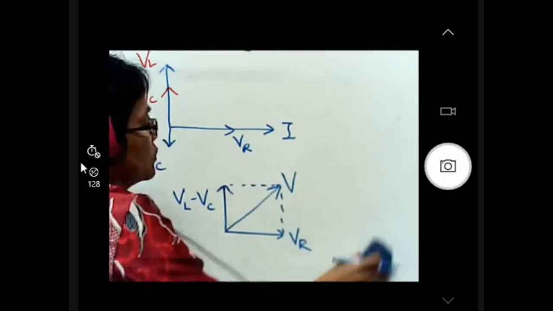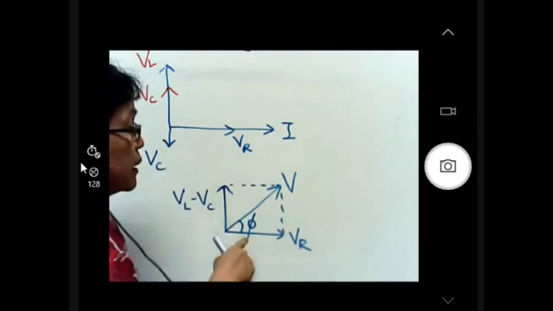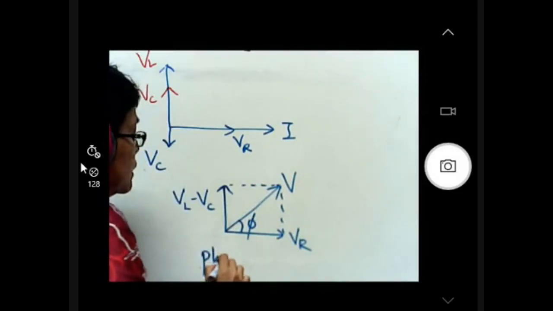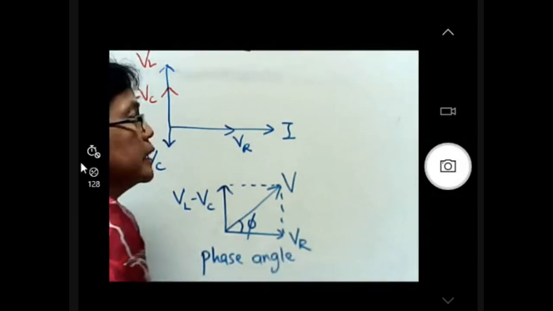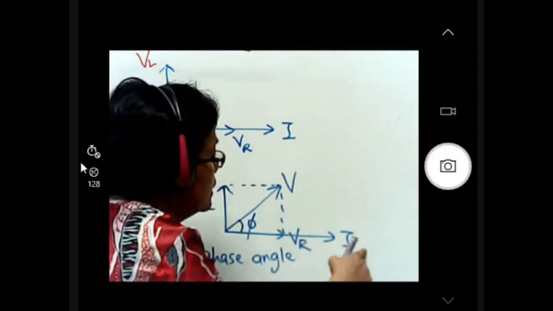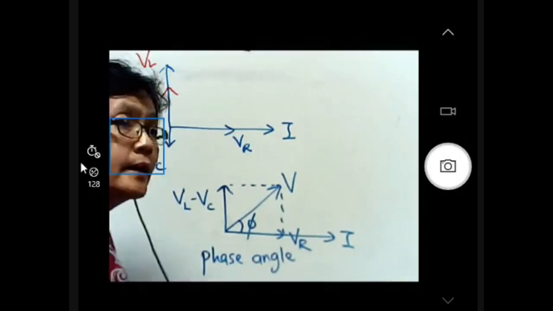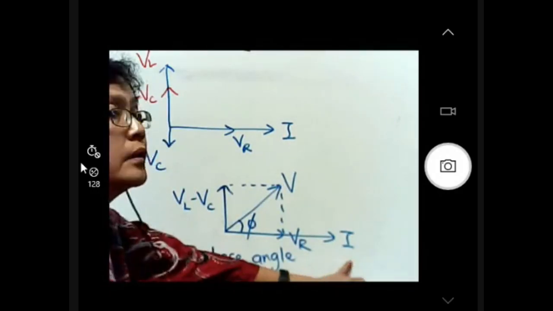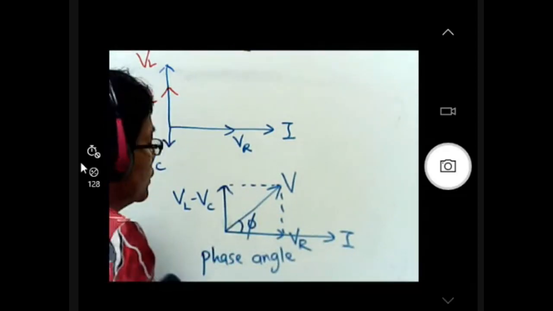So the source voltage, V, here with an angle, phase angle. Phase angle is the angle between current and source voltage. Okay, settle.